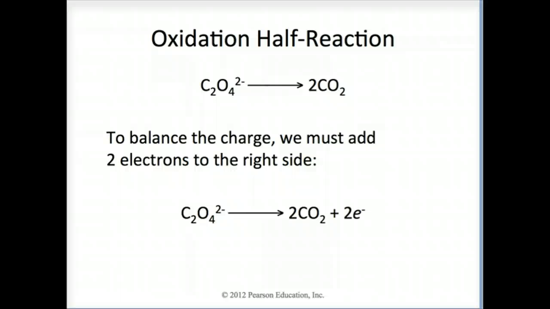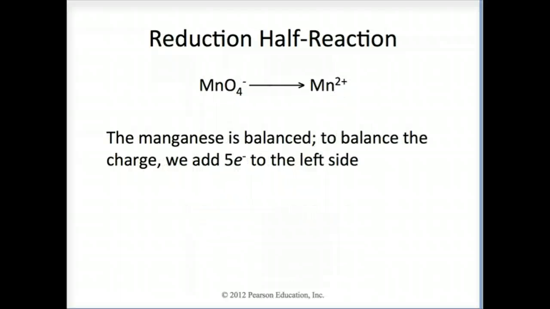The electrons are a product of the change. Now, within reduction, the electrons are not a product, they're a reactant, they're required. So that's why I have to add them to the left. And again, it has to be 5 because manganese went from 7+ to 2+.